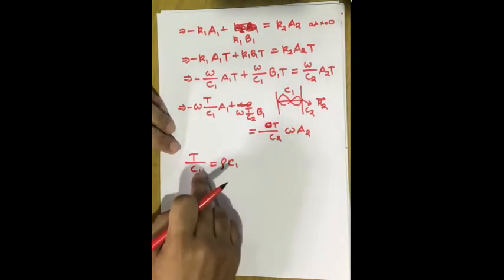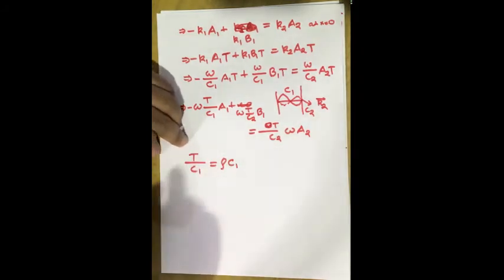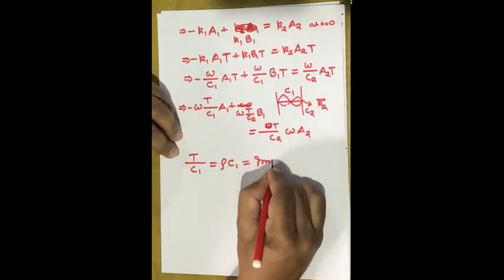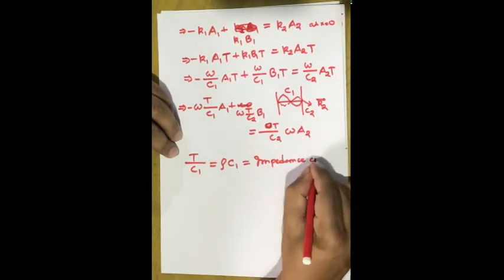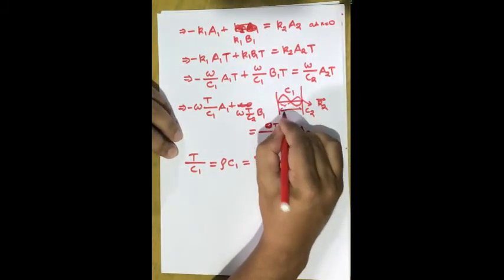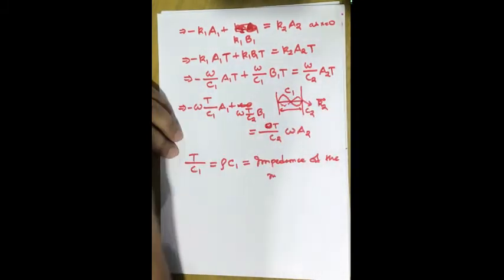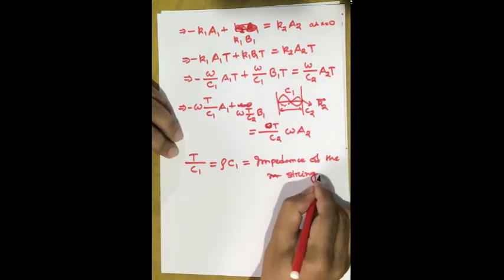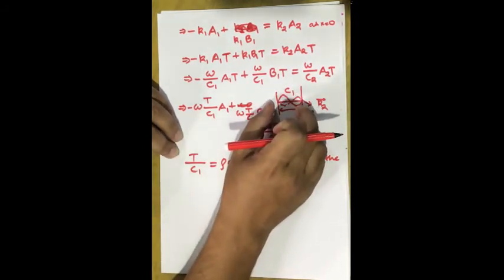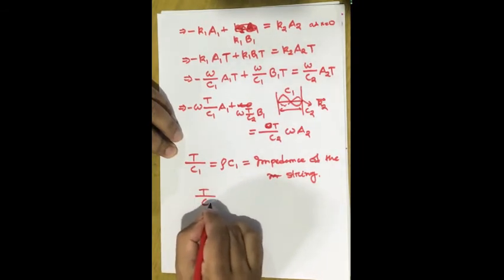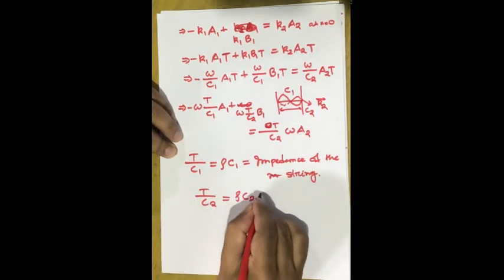T by C1, this factor, if you remember, what was it? It was nothing but the impedance. T by C1, rho C1, is the impedance of this part of the medium, between x equal to 0 and x equal to L. So this is the impedance of the string, and for the loose part of the string the impedance is T divided by C2, whose value we can write as rho into C2.